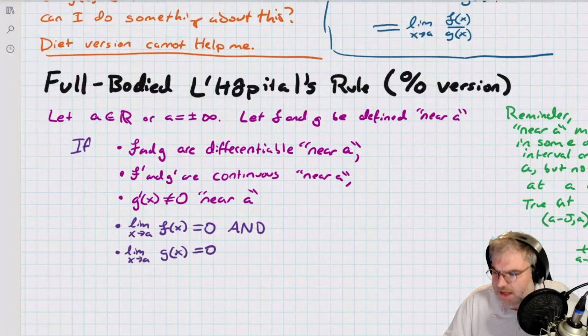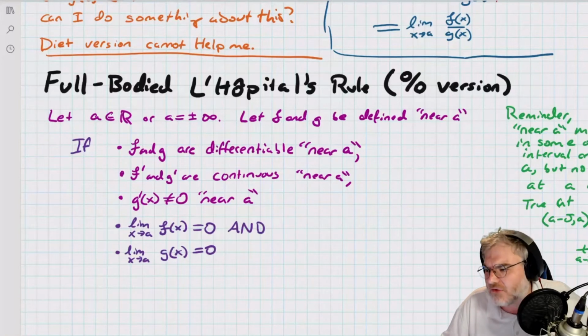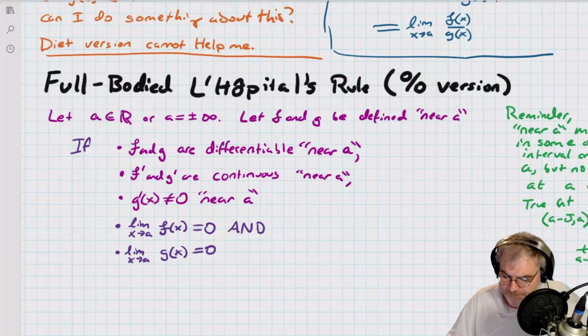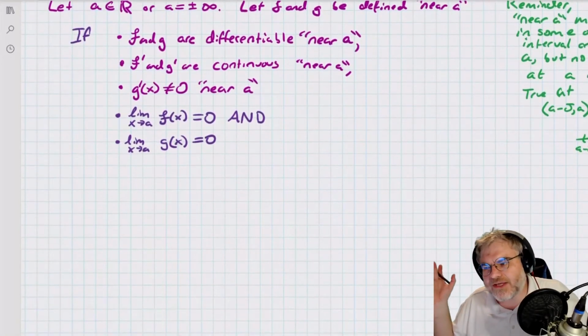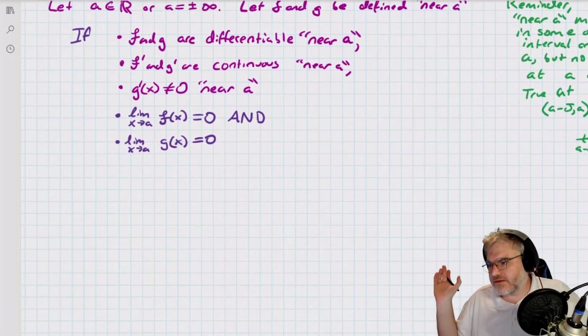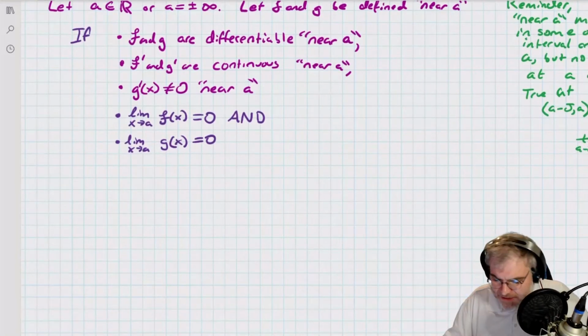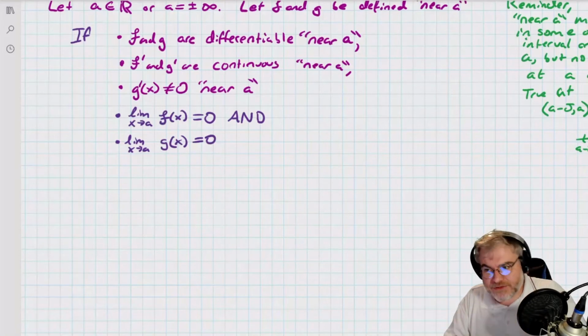Now, the reason why those are in dark purple is those are the ones that you're required to write. These conditions exist along with the preamble, but you never need to write them. We just assume that that's how it works. And I don't even think the book mentions one of these until it does the proof. And then it's like, oh, by the way, this had to be true. But it definitely mentions those two things.